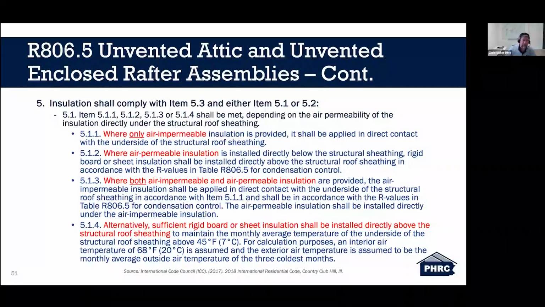And then 5.1.4 is really a calculation method that says, alternatively, sufficient rigid board insulation or sheet insulation shall be installed directly above the roof structural sheathing to maintain a monthly average temperature of the underside of the structural roof sheathing of 45 degrees Fahrenheit. Again, we're not going to get into that one. That's a calculated one based on your climate zone.